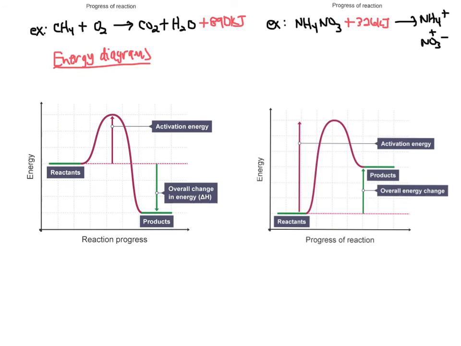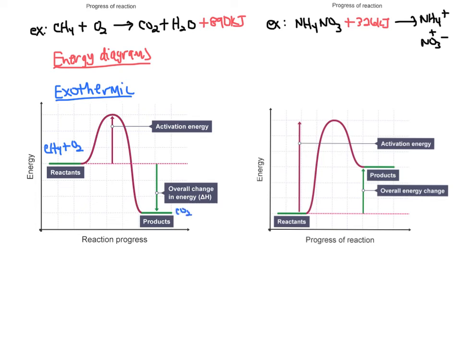So for an exothermic reaction, really, the biggest difference is that you show this thing called activation energy. So again, your reactants, your CH4 and your O2 in our example for this reaction, which is exothermic, start up here and your products end up at a lower energy.